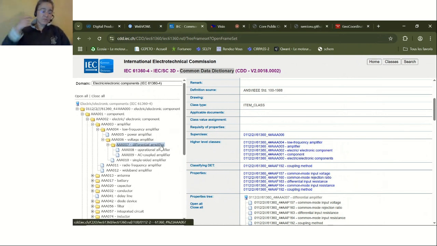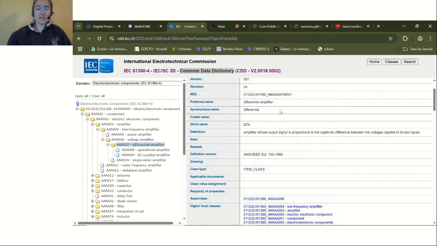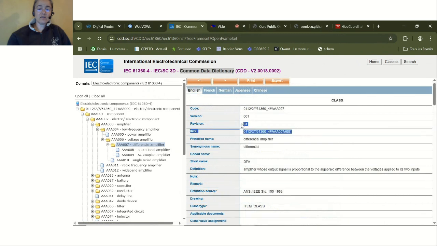So exactly like we saw previously for controlled web vocabularies, here I have a term which is a differential amplifier, and I can find its IRDI, its unique identifier.